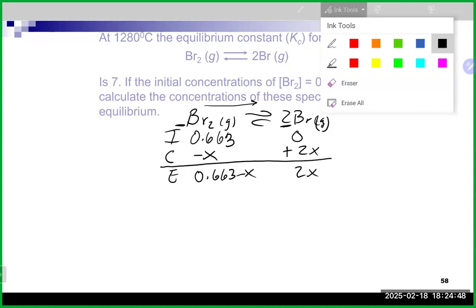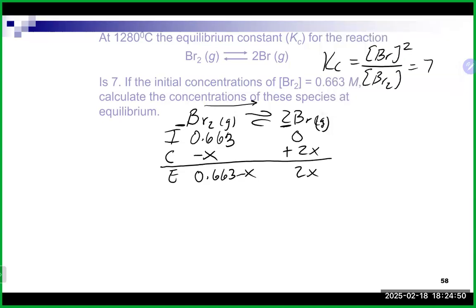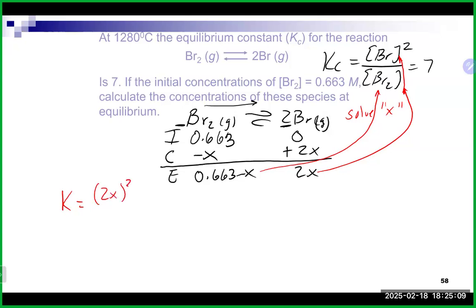Now that we have our equilibrium, we want to solve for x. We're going to do that by putting our equilibrium values into our equilibrium expression. So in this case, our K would equal our 2x, and we do need to square it, divided by 0.663 minus x, equals 7.